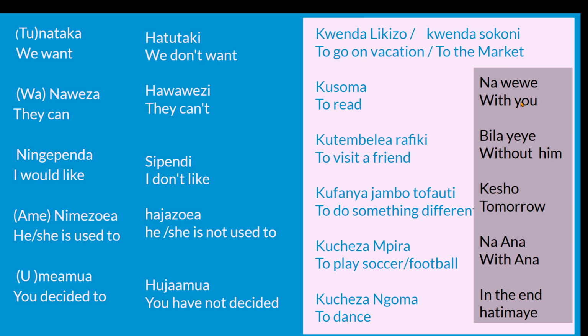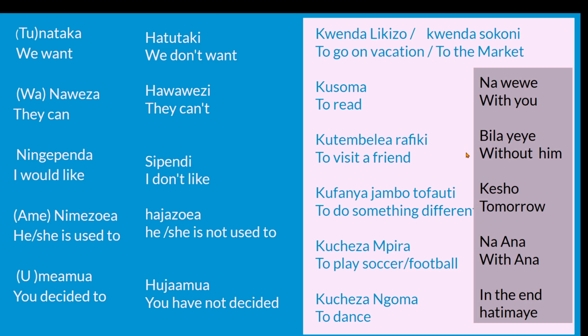So, third from top or from bottom, doesn't matter. Ningependa kutembelea rafiki kesho. Let's use the one in the bottom there, in the end, hatimaye.